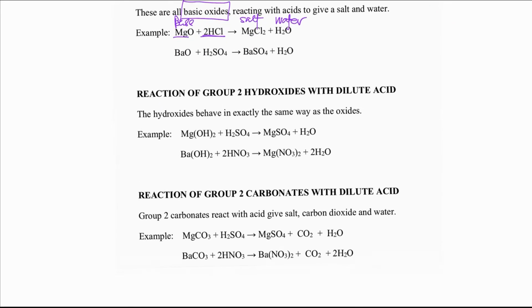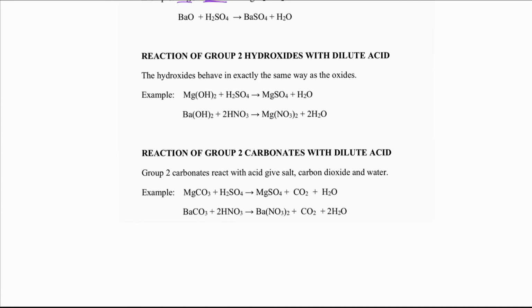Next to go, we have the reaction of hydroxide and also carbonate. Group 2 hydroxide reacts with acid, producing salt plus water as well, just like a normal acid-base reaction. Next, we have group 2 carbonate reacting with acid.